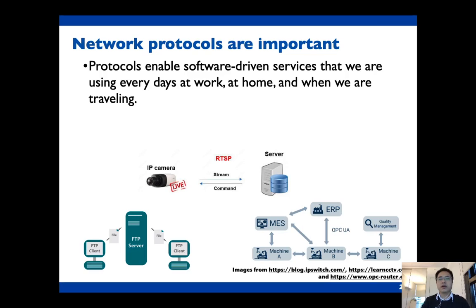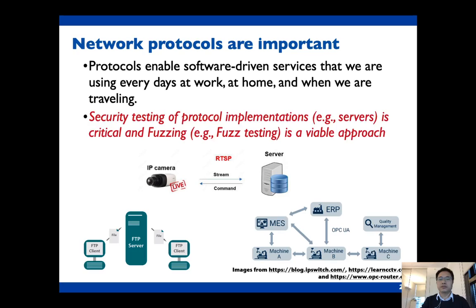First, let me explain the motivation behind our work. I think we all know that network protocols are important because these enable many services that we are using every day at work, at home, and even when we are traveling. For instance, the RTSP protocol enables video streaming services, and the OPC UA protocol allows machines to talk to each other in an industrial network.